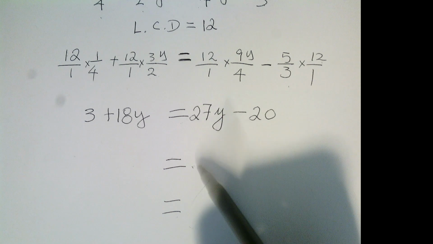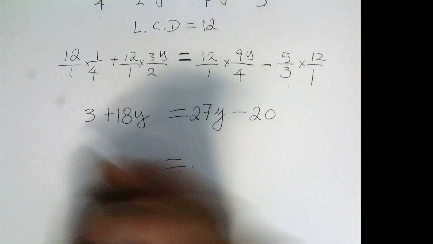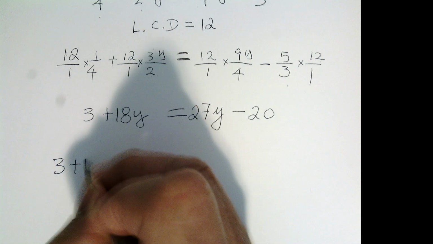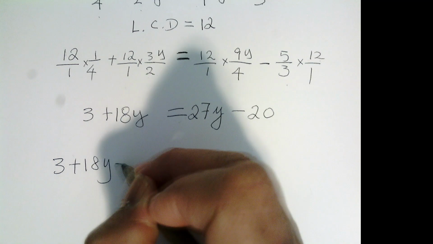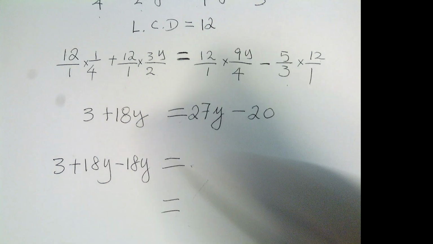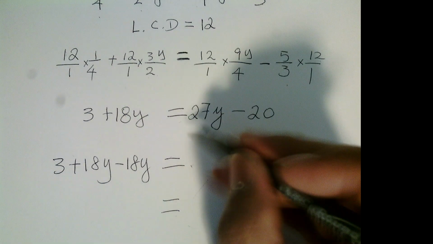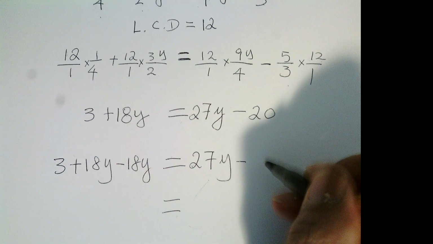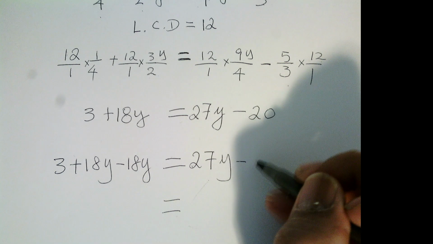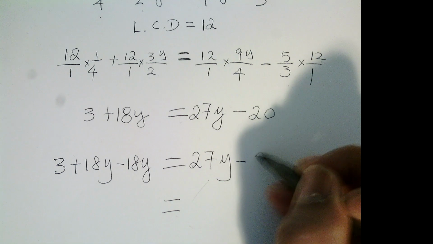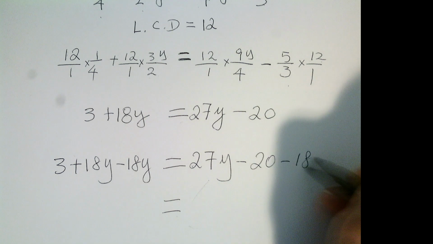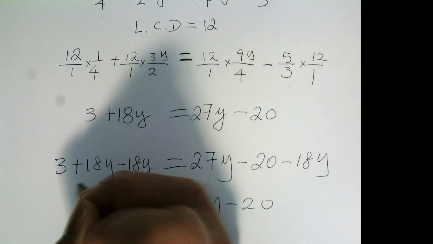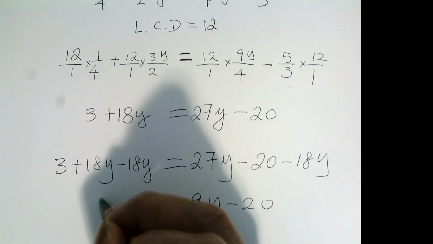So with that decision, then both sides subtract 18y. So that's going to give you 9y minus 20, and 18y minus 18y cancel.